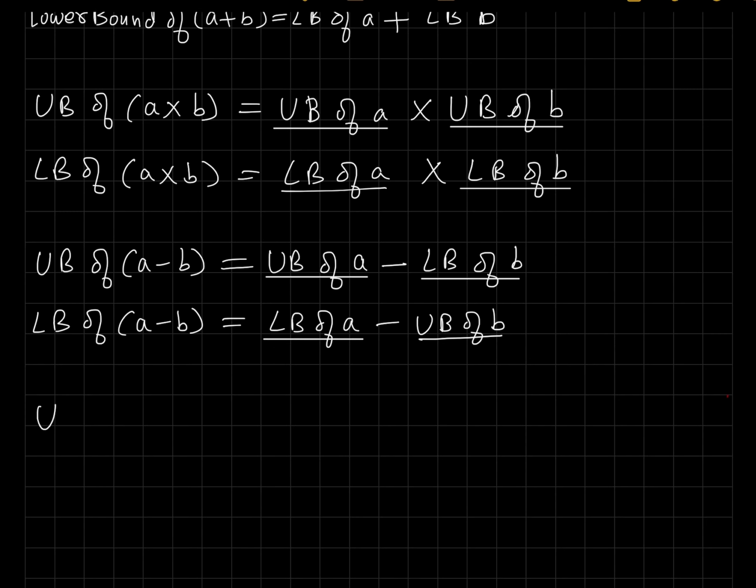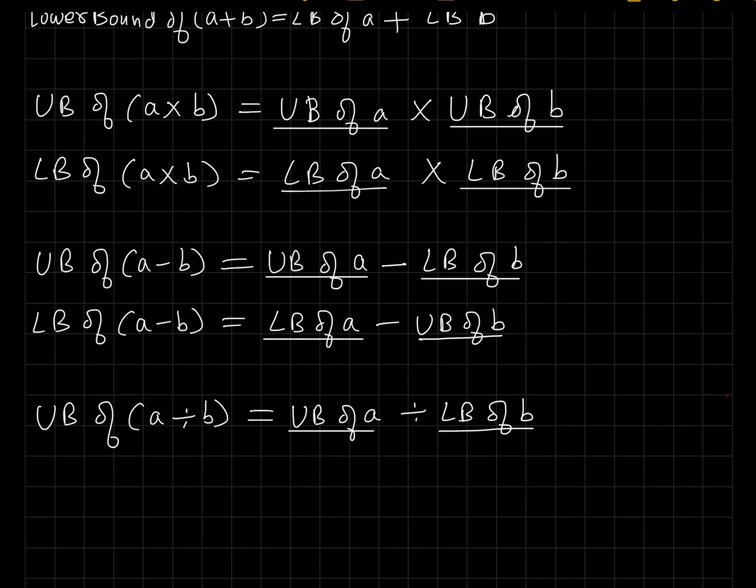Now division is left. The upper bound of a divided by b. We know that when the denominator is smaller, the fraction is larger, the number is greater. So we will write the upper bound of a divided by the lower bound of b. That would give me the upper bound of a divided by b.